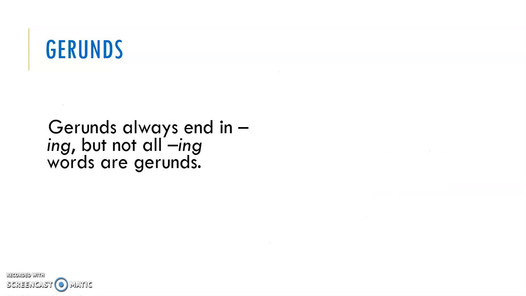And one more thing to mention, gerunds always end in ing, but it's worth pointing out that not all ing words are gerunds. You guys know by now, I'm sure, English can be a little bit crazy sometimes. And I'm going to show you a couple of examples of how it might feel a little bit crazy.